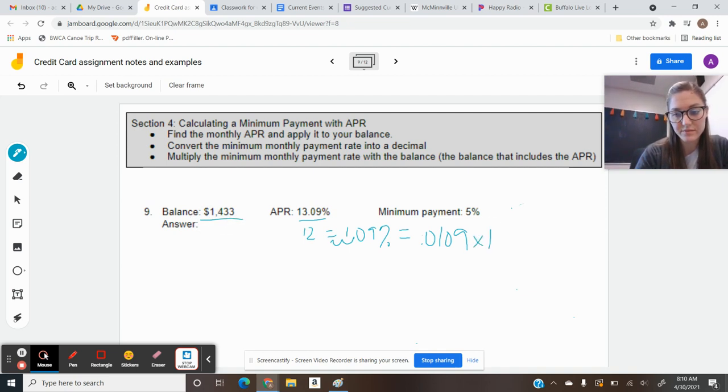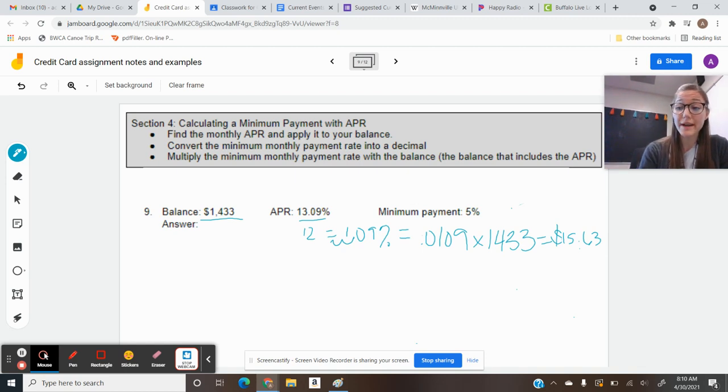All right, now we're going to apply this decimal to our balance, which is $1,433, and we are being charged $15.63 just to use our credit card that month.